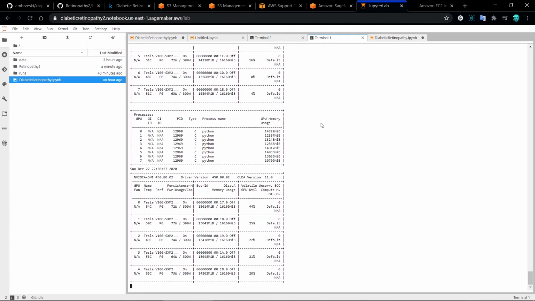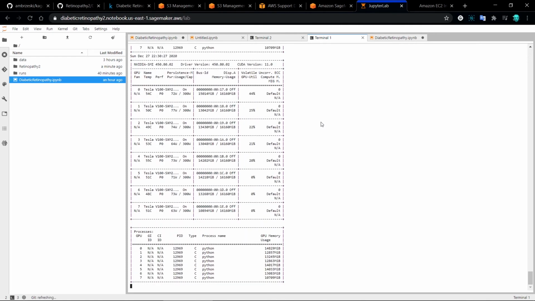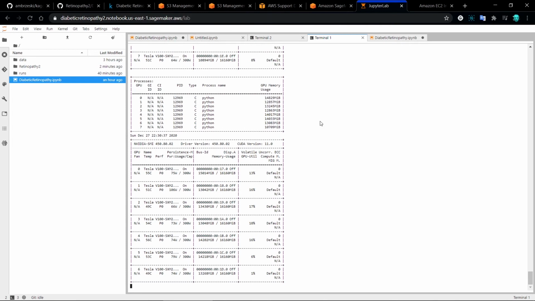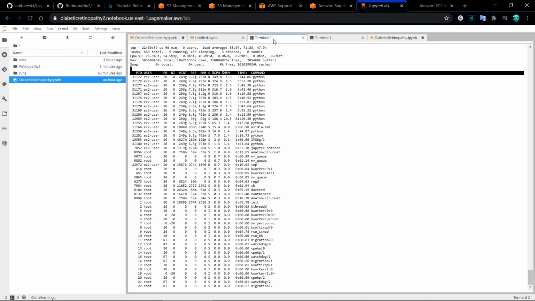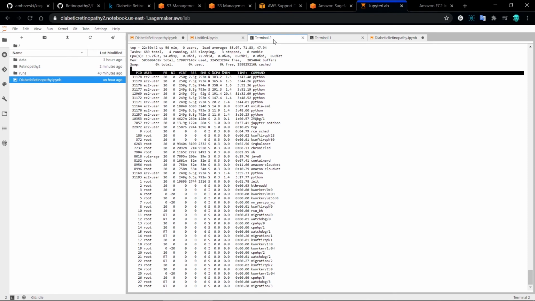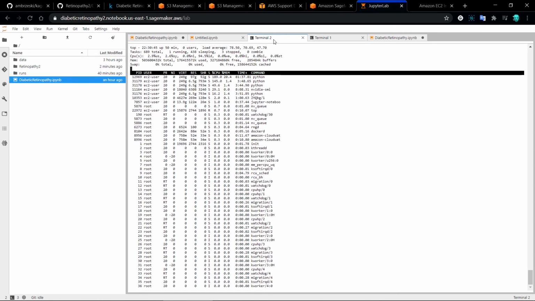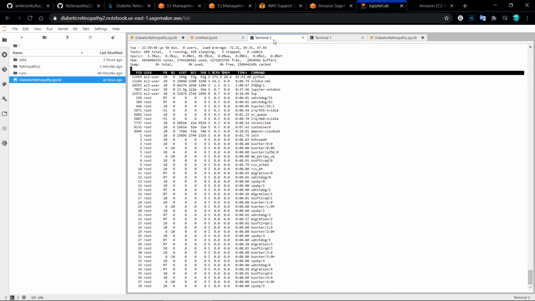You are using almost the complete GPU resources, but it decreases as we go up: 14 gigs, 12 gigs, 13 gigs, 12 gigs, 14 gigs. And in terminal 2, we are almost using the complete CPU resources. As for the SSD, that doesn't matter here.